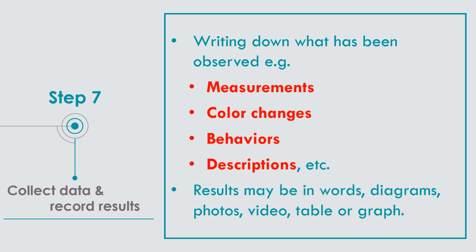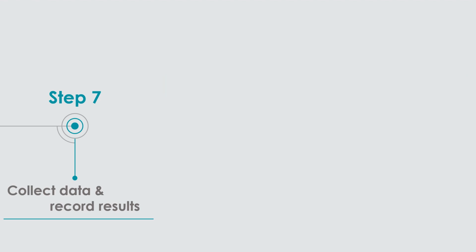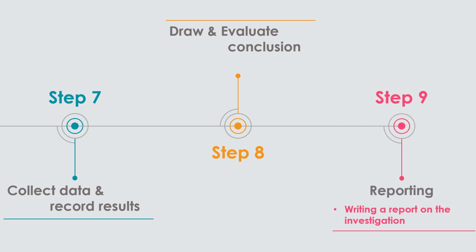And the results will be presented as words, diagram, photos, video, table, or graph. For step 8, draw and evaluate the conclusion. And the final step is reporting. You need to write the report for what you have investigated.